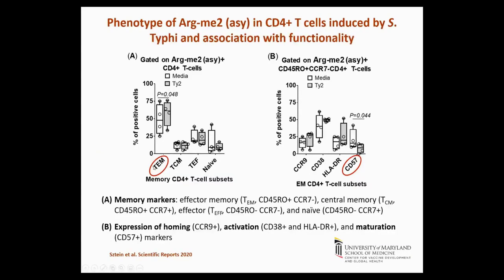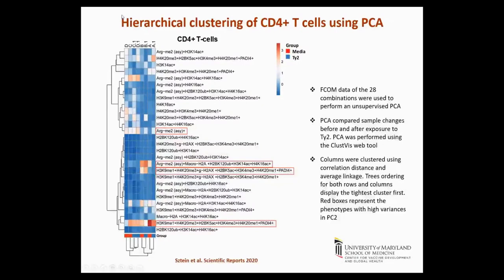In the left panel, we can see that the T effector memory cells are significantly overrepresented in CD4 positive T cells that are gaining arginine methylation 2. And interestingly enough, they are significantly decreased for the expression of CD57, which is a very important maturation marker.